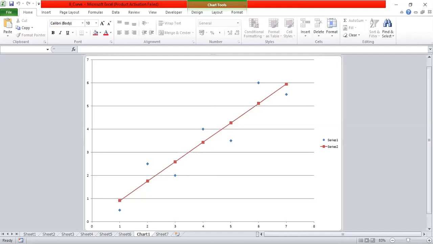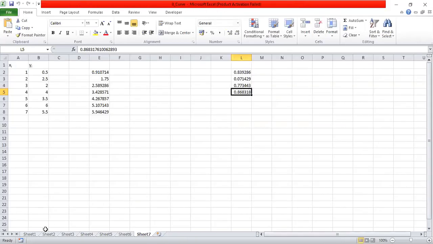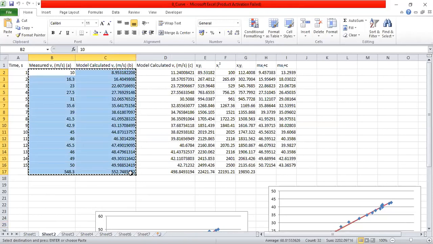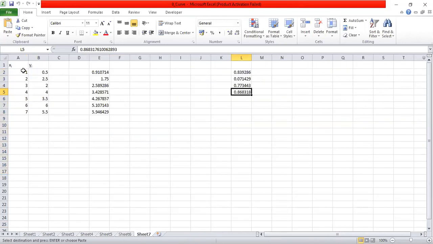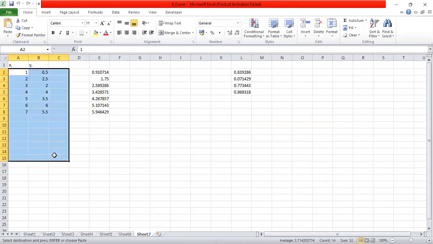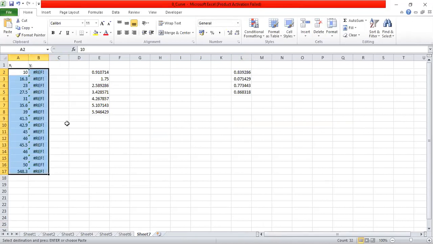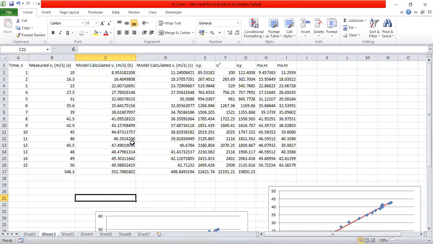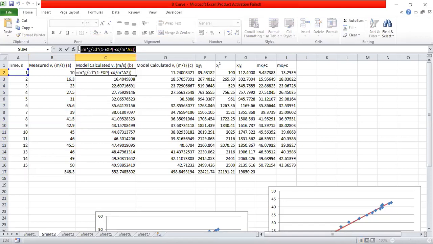So let me delete it. Then let me use another example. So this was the second example we did. So let me just copy the line and paste it. Okay, it's giving me a different value. So let me just use this.